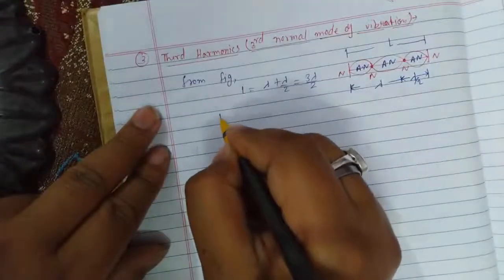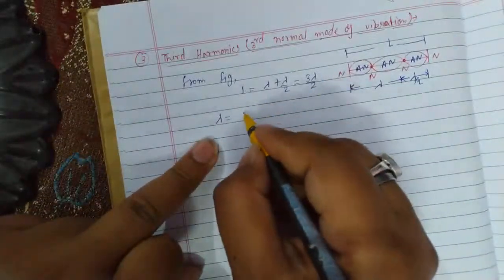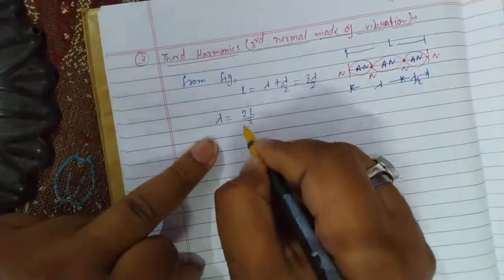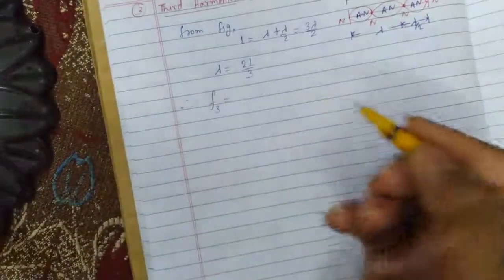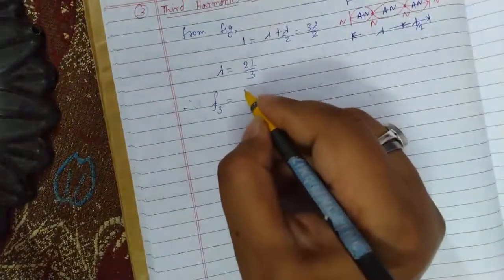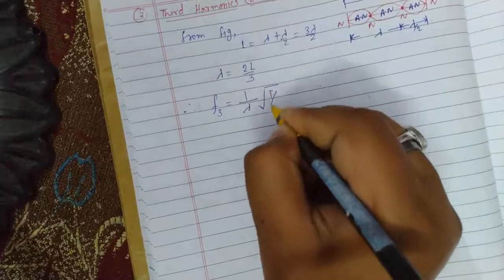Calculating lambda in terms of length, we get 2L by 3. Therefore the frequency of the third harmonic, f3, is 1 upon lambda under root T upon mu.